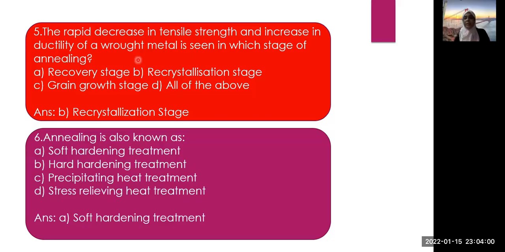So the answer is B, recrystallization stage. Next, the sixth question: annealing is also known as. Annealing is definitely called soft hardening treatment. Though option D is also slightly correct, the most apt answer would be soft hardening treatment.